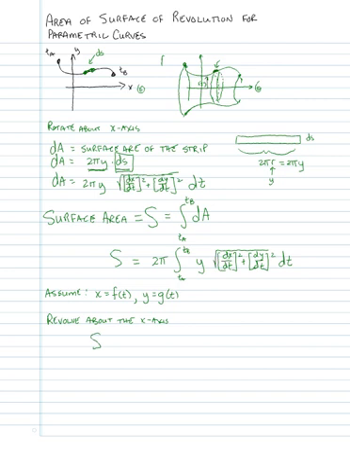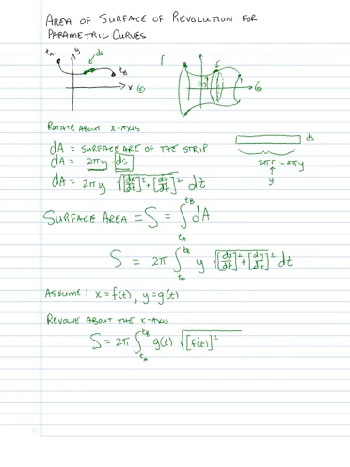The surface area is equal to 2 pi times the integral from our first t value to our last t value, and y is g of t, times the square root of, now x is f of t, so the derivative of x with respect to t is nothing more than f prime of t.